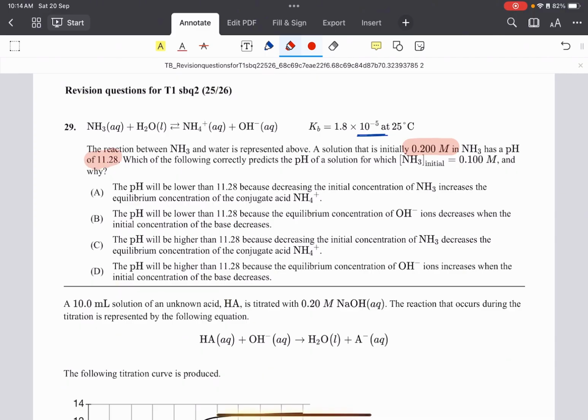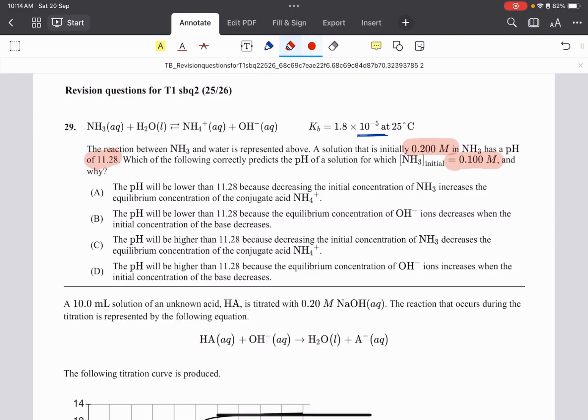Of course, it's basic. Which of the following correctly predicts the pH of a solution with an initial concentration of 0.1? Well, if we started with a lower concentration, the pH is still going to be basic, but less basic.